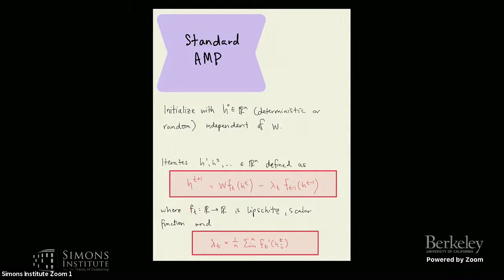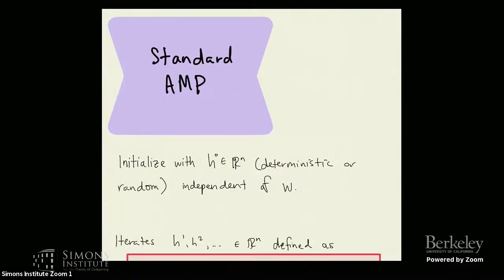I have some function f_t, that I'm thinking of as a scalar function that acts coordinate-wise on its vector input. And I'm just going to assume that it's some Lipschitz function right now. And then I have a scalar term that's defined in terms of the average of the derivatives of this Lipschitz function. So at this point, I'm not thinking about any specific estimation problem. I'm just thinking about a recursion on Gaussian matrices.